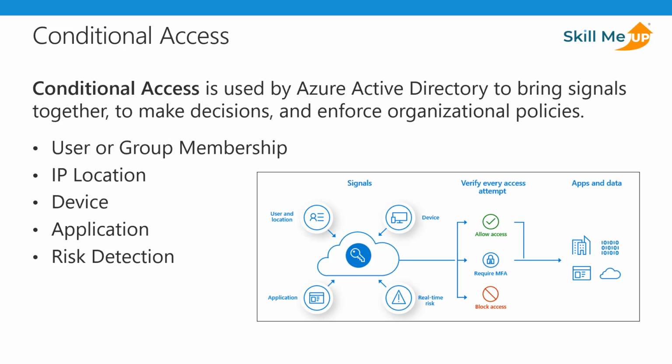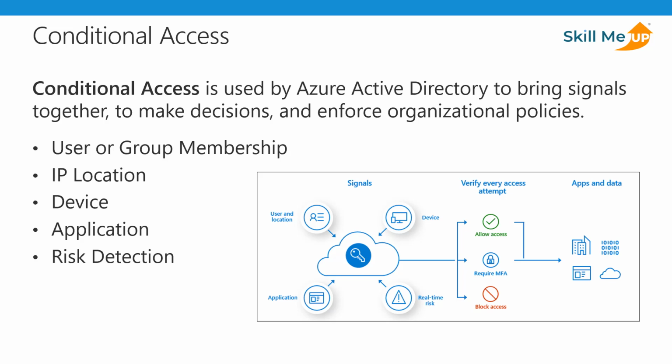The 4 main signals are the users, where they're at, the application that they're trying to access, what device they're using to access the environment, and a real-time risk assessment. Those main 4 signals we can use then to determine whether we're going to allow access or require an additional challenge from a multi-factor authentication, or if we're going to just explicitly deny access.